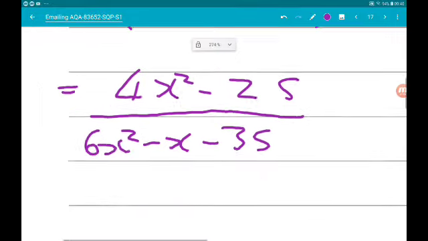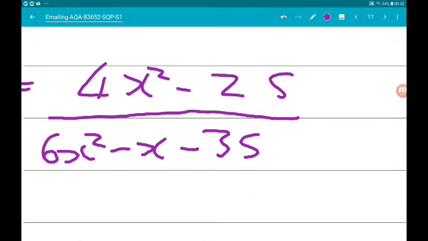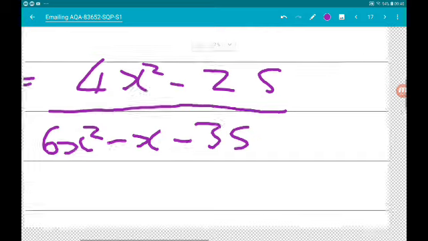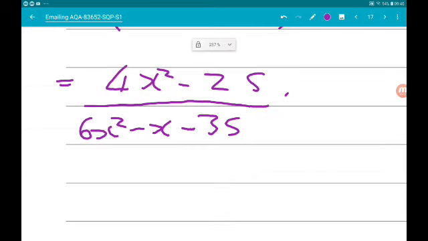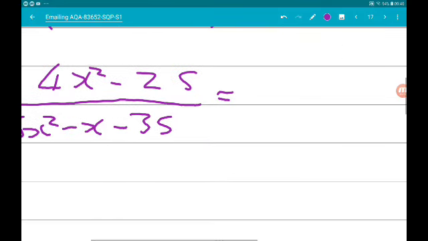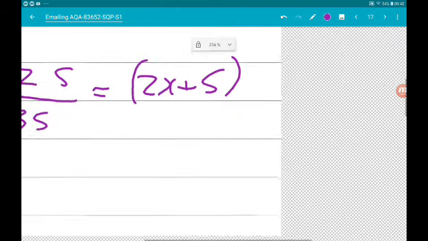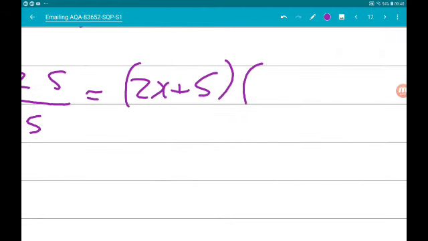The top is a difference of 2 squares. The first term is a square number, second term is a square number, there's a subtraction in the middle. So this factorizes to 2x plus 5 times 2x minus 5.